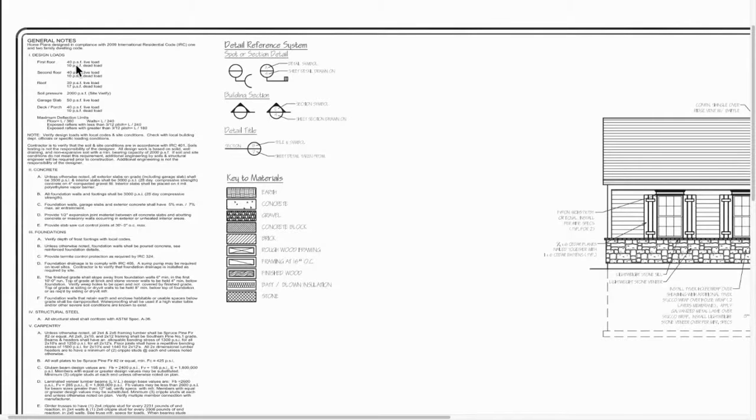PSF means pounds per square foot. So that would be the live load. Live load means the load of the people and the fixtures and the furnishings on the first floor. Dead load refers to the load of the building and the structure itself.